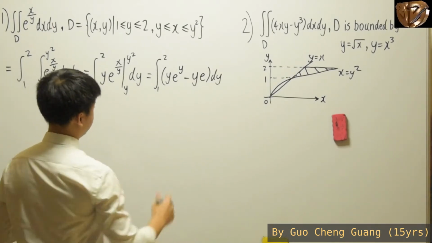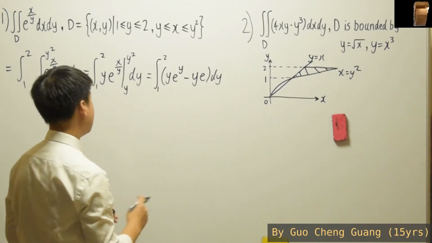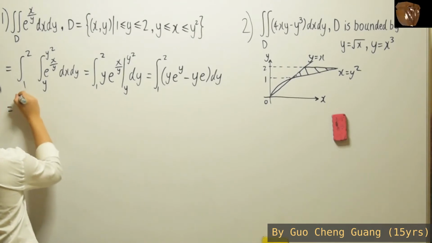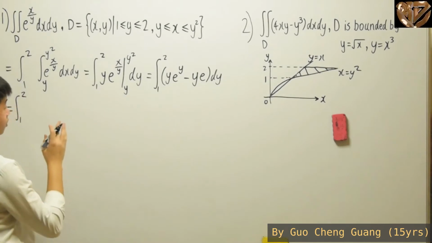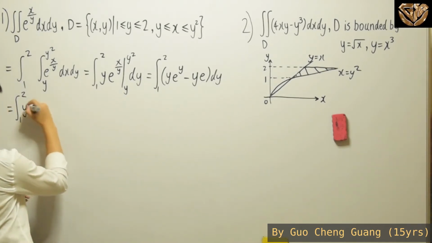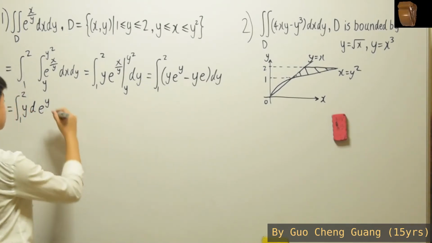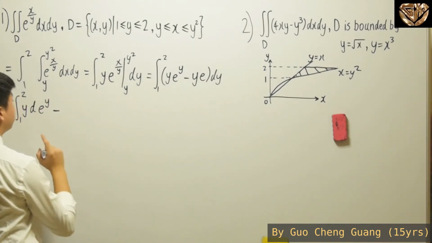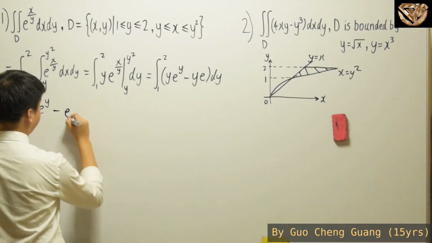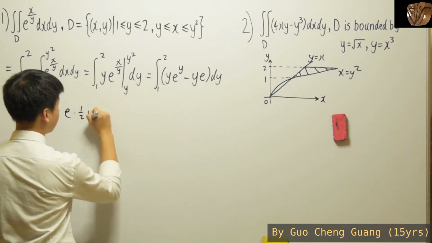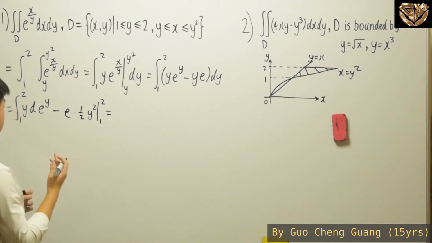The second term will be easier to integrate, while the first term is a little more complicated. When you have y e to the power of y, you put e to the power of y into the dy to get y d e to the power of y, and then use integration by parts. For the second term, you have minus e as a constant, which means you'll have a half y squared, substituting the values of 2 and 1.